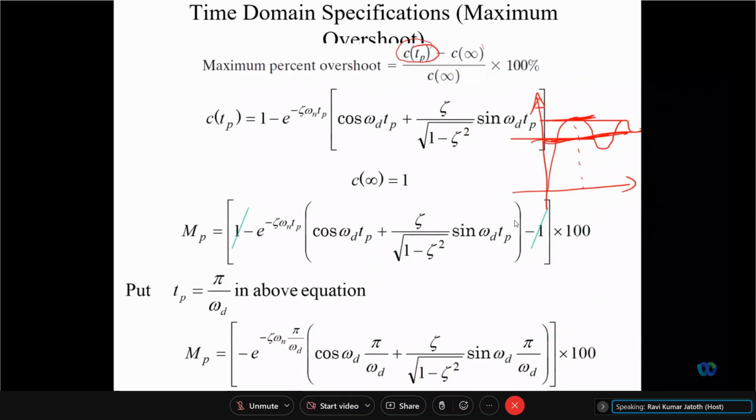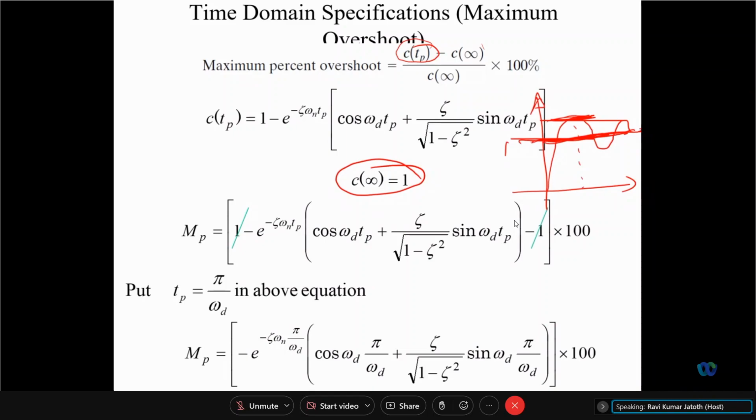Now you see, C of Tp minus C of infinity by C of infinity means the peak value minus the final value. The response reaches the required input at infinity, so C of infinity is 1. So C of Tp minus C of infinity by C of infinity. This is how you find it out.